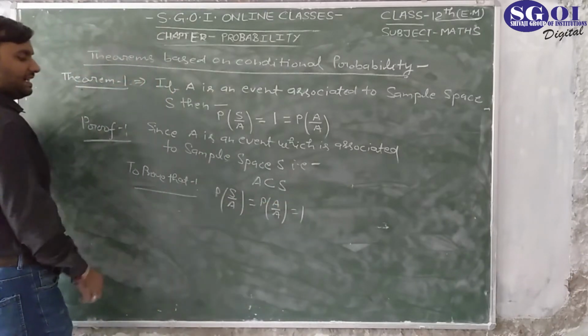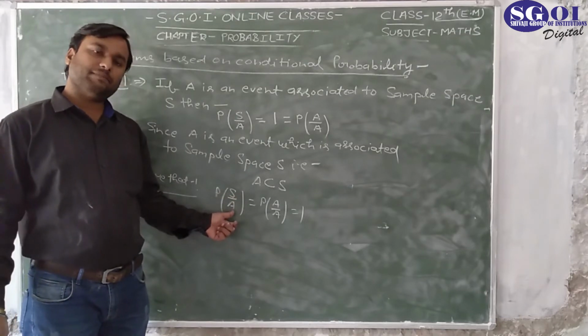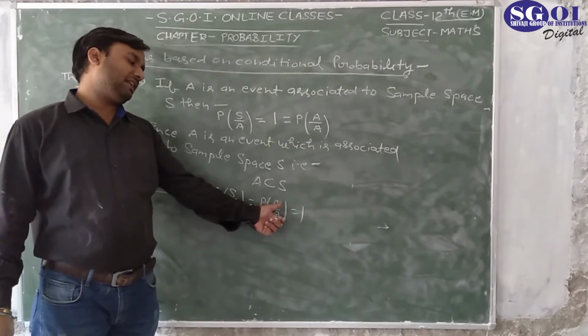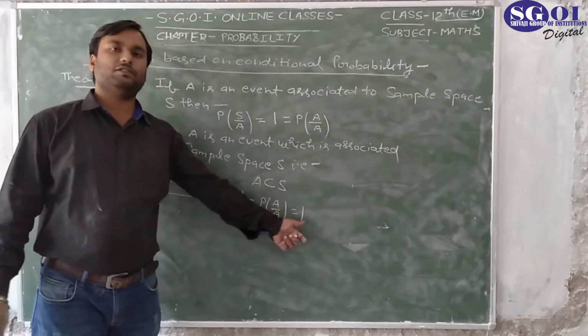We have to prove that conditional probability of S when A has happened and conditional probability of A when A has already happened are both equal to 1.